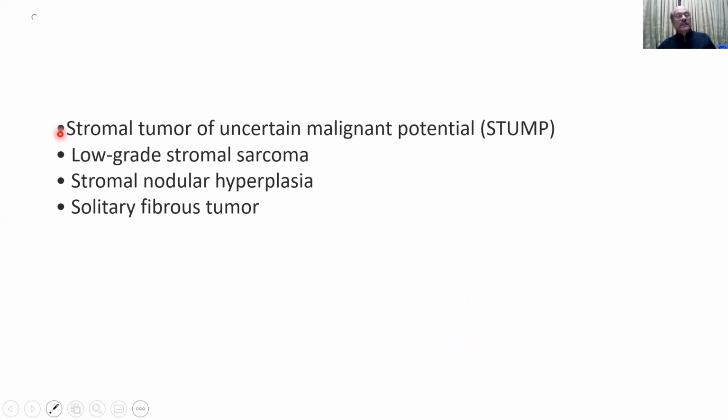So here the choices are stromal tumor of uncertain malignant potential, low-grade stromal sarcoma, stromal nodular hyperplasia, solitary fibrous tumor. The diagnosis here is stromal nodular hyperplasia.